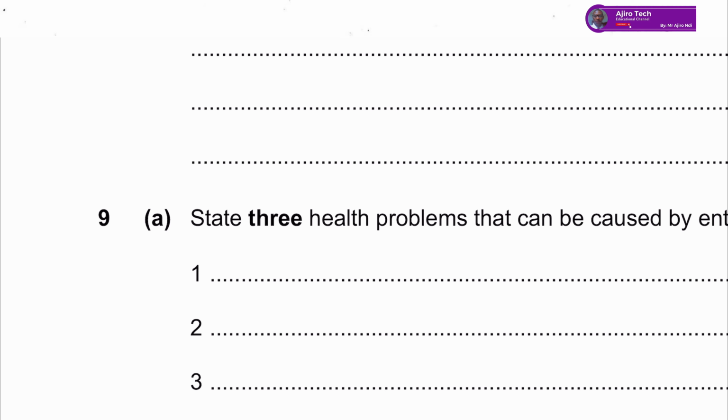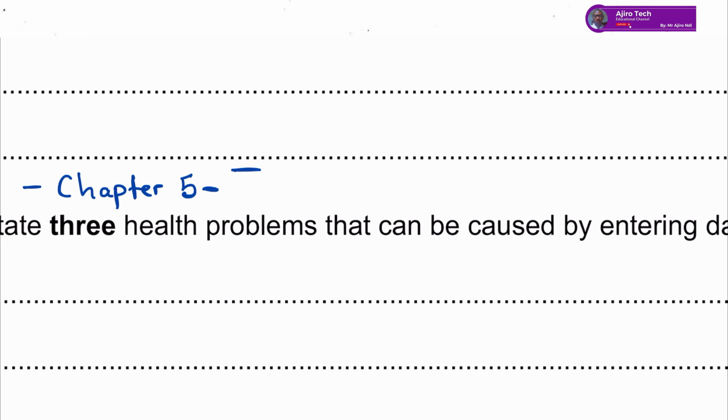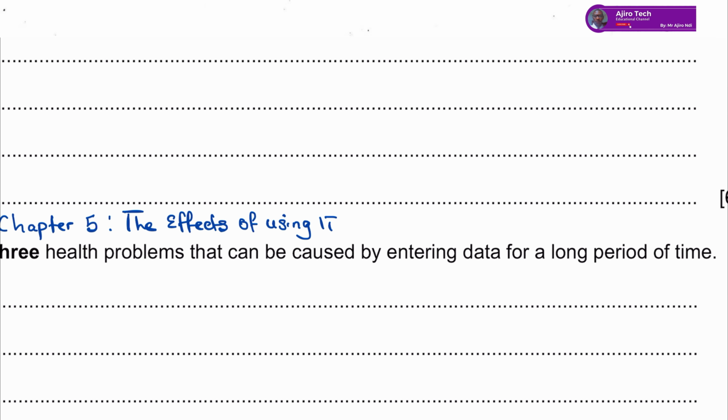So this is chapter 5, the effects of using IT. And of course, we see this under the potential health problems related to the prolonged use of IT equipment. So the health problems that can be caused by entering data for a long period of time.